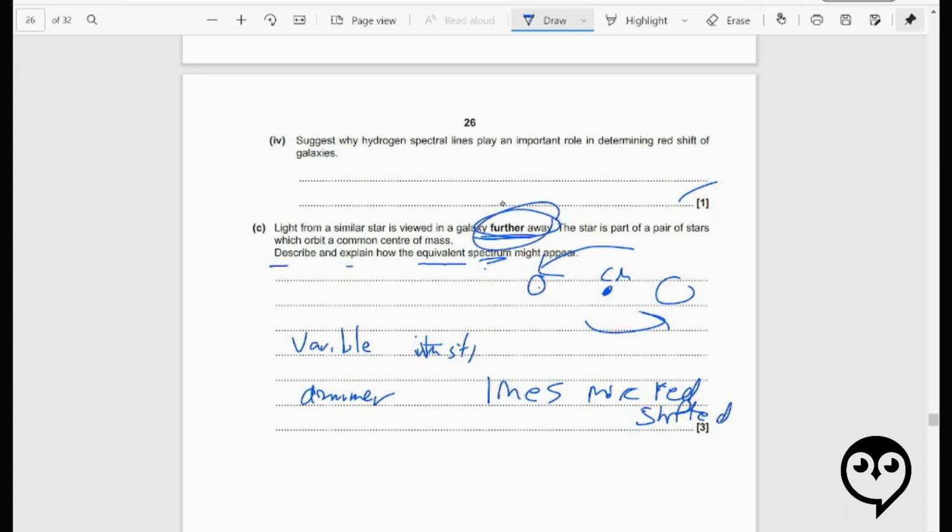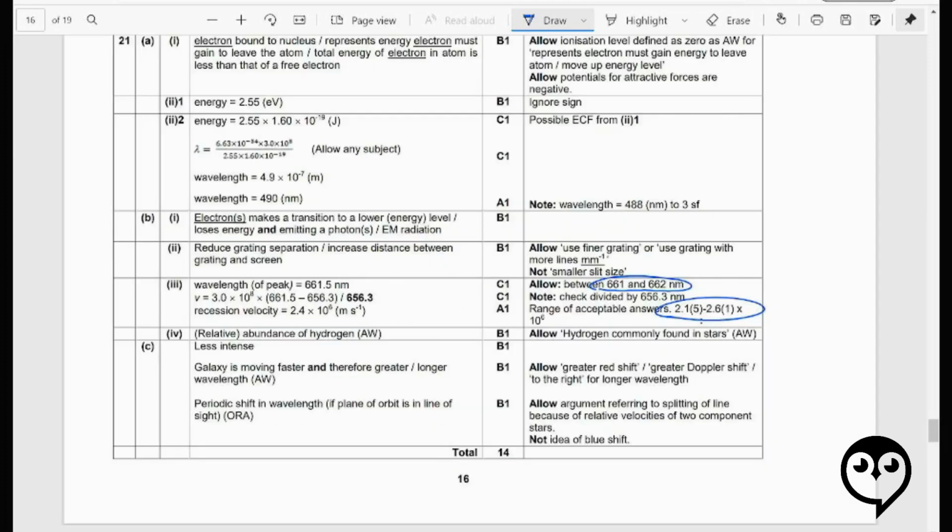Well, they're further away. If they're further away, they're traveling faster. If they're traveling faster, they're more redshifted. Let's see. Okay, so less intense, not as bright. Galaxy is moving faster and therefore greater or longer wavelength. So more of a redshift, okay? So you could just say greater redshift, but I would say it's moving faster and therefore it's a greater redshift.